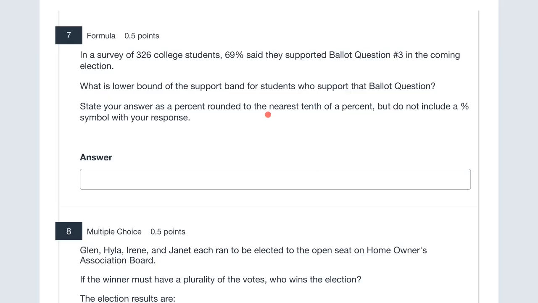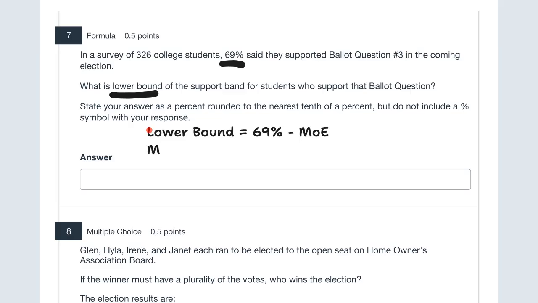In a survey of 326 college students, 69% support ballot question number 3 in the coming election. What is the lower bound? Okay, so we're looking for the lower bound. So that is going to be the 69% we need at this time, minus the margin of error.